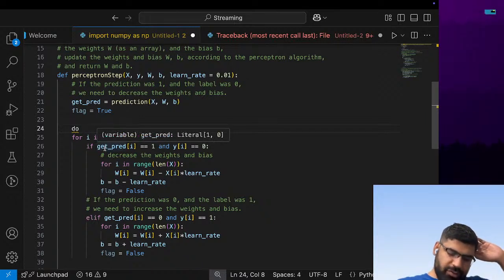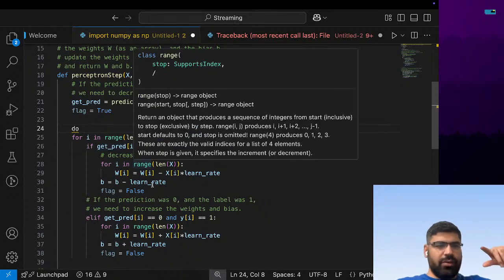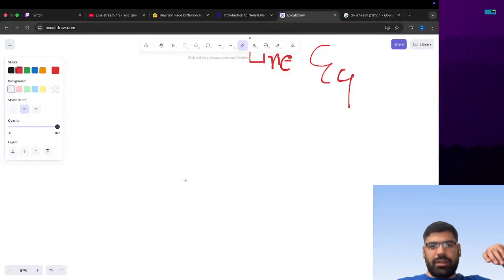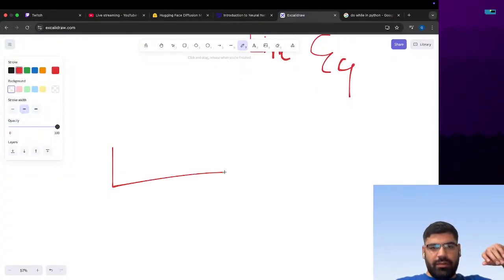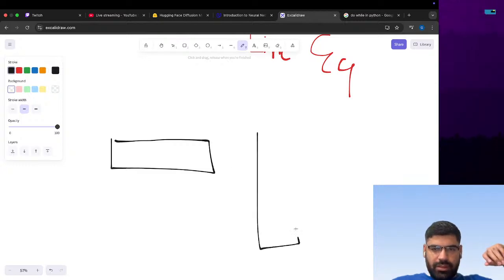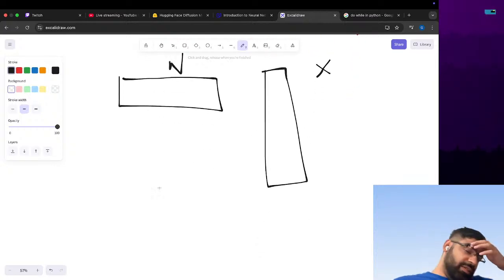If the flag becomes false even once, we need to restart the whole loop of the perceptron algorithm, right? The step. So how we're doing it is we have an array of x, an array of y. This will be weights. This will be coordinates.